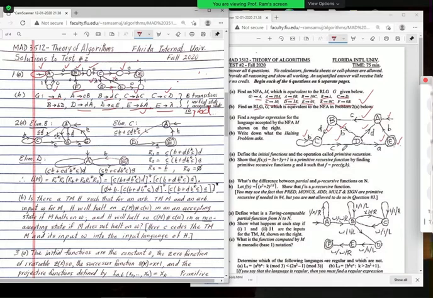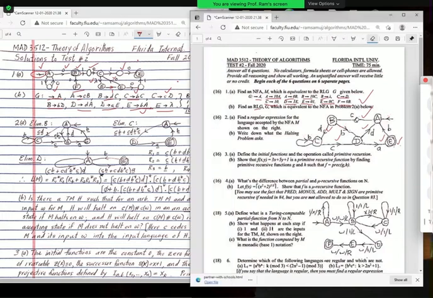Now, this one is a little harder problem. So part A says find a regular expression for this thing here. Let's tick off all these tick marks, because they are just a pain in the rear end. I don't want to, because we did it. Okay, so what do we do?